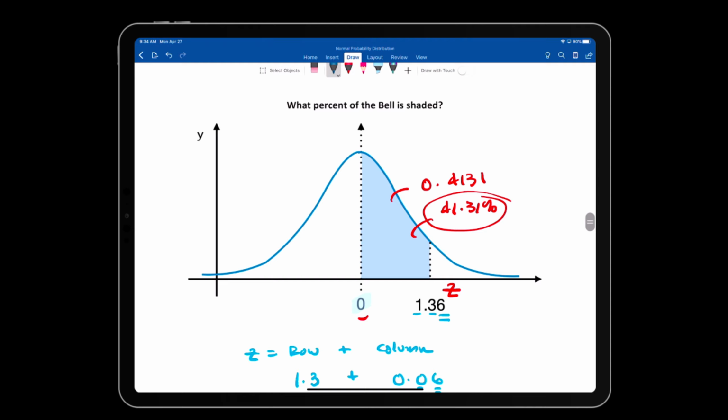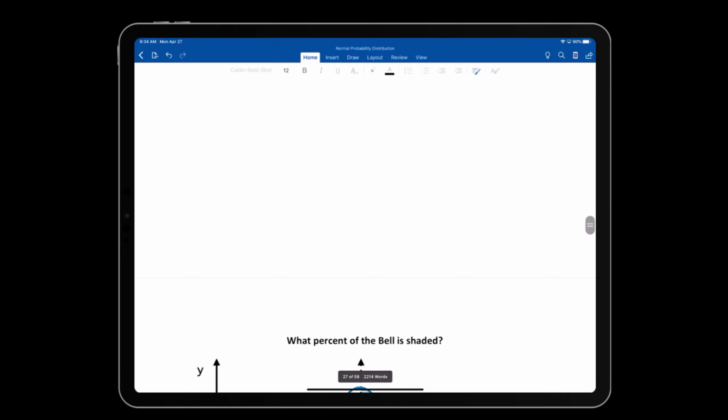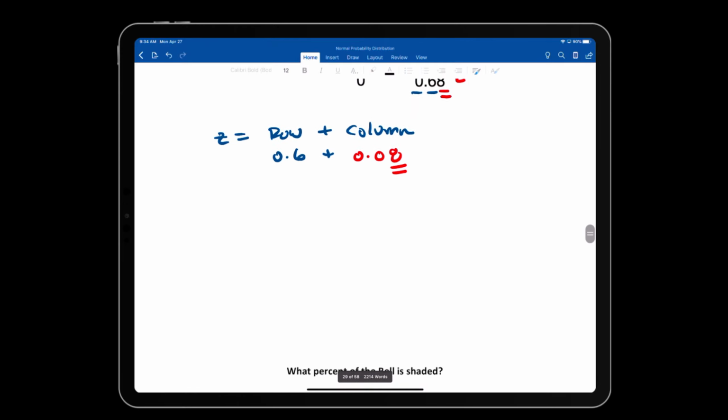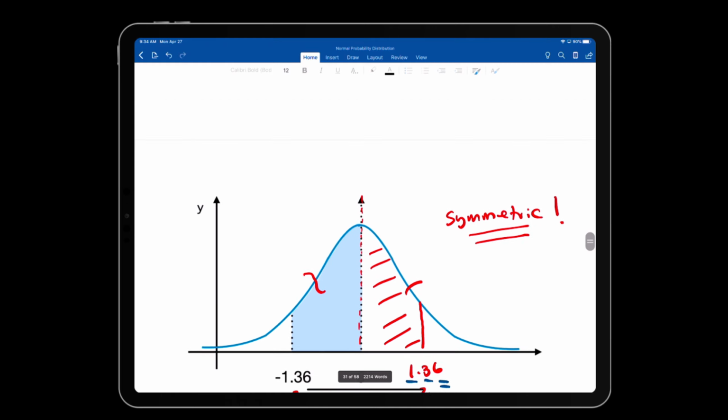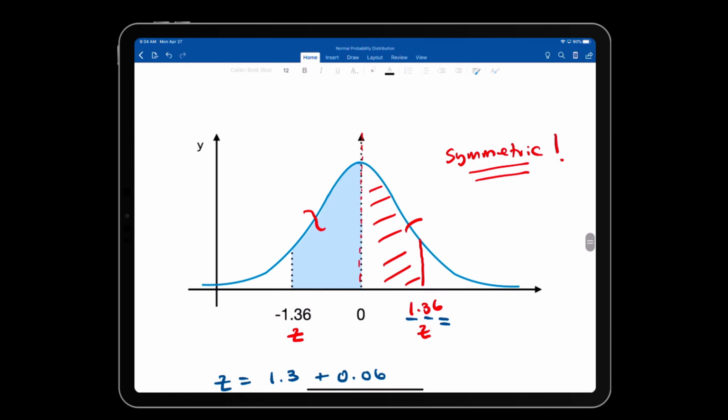We found that that's 41.31%. But that's for positive Z values. That's for 0 to 1.36. But because of symmetry, I'll say it again. But because of symmetry, remember that answer, 4131. This here in the past was 41.31%. That means this is also 41.31%.